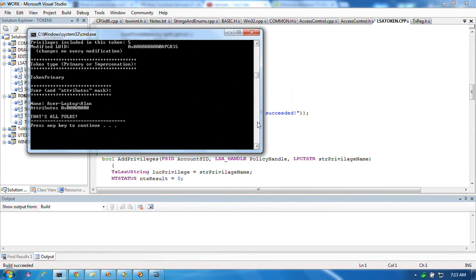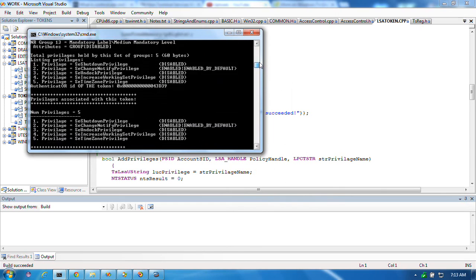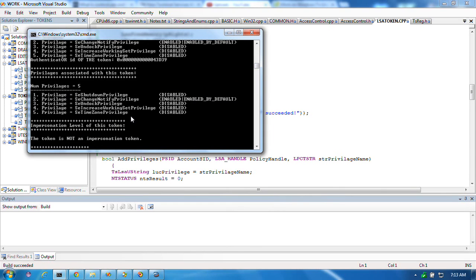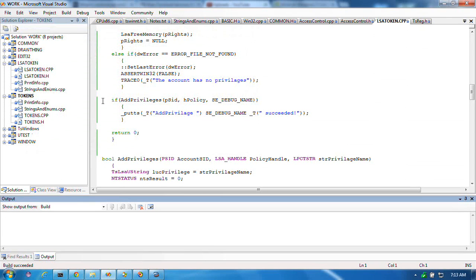Okay, now, here's the privilege set of that program I just ran. These can be enabled, and that is the complete and unchangeable list that is assigned to whatever the data structure is that is associated with that process. And I think that's the end of that story.